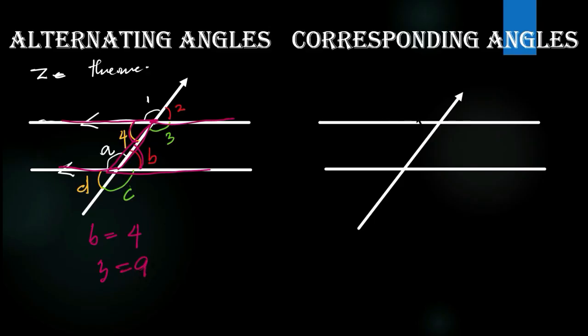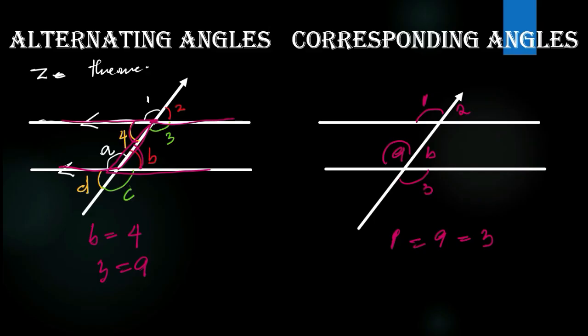But the same thing, we can now take the same shape to understand corresponding angles. Corresponding angles are angles that are in the same position when you have a line intersecting two parallel lines. In this case, I have my 1 in a similar position to A. So obviously, 1 equals A. And remember that A also is equal to 3. Here I have 3 this way.